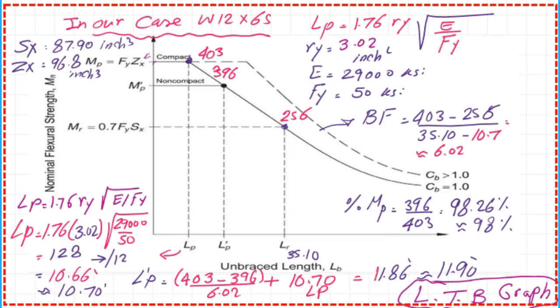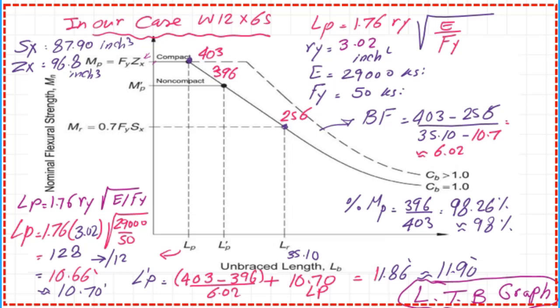We can estimate the slope, or BF value, to be equal to 403 minus 256 divided by 35.01 minus 10.7, equals 6.02. Then the modified length L_b dash would be equal to L_p plus M_p minus M nominal divided by BF.